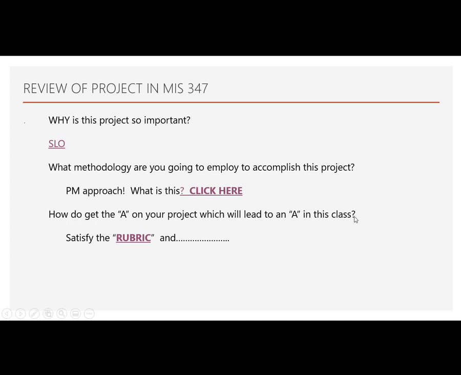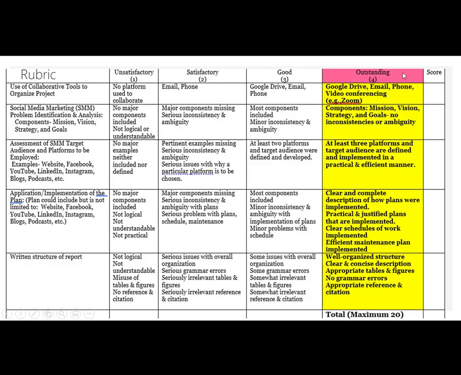And in order to do that, I created a rubric. So let's take a look at this. So the rubric, and you want to be over here in this outstanding area, which you're given 4 points for each of these things. You want to undertake the project in a collaborative endeavor versus a cooperative endeavor.